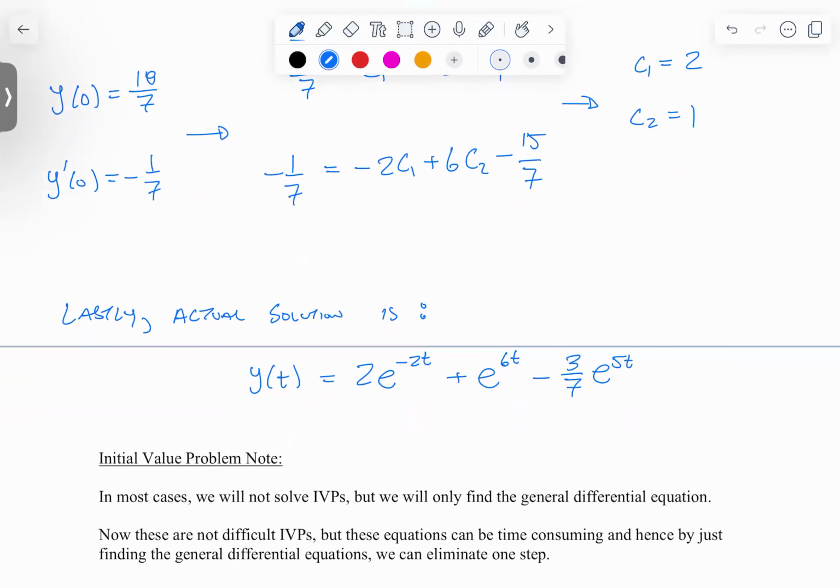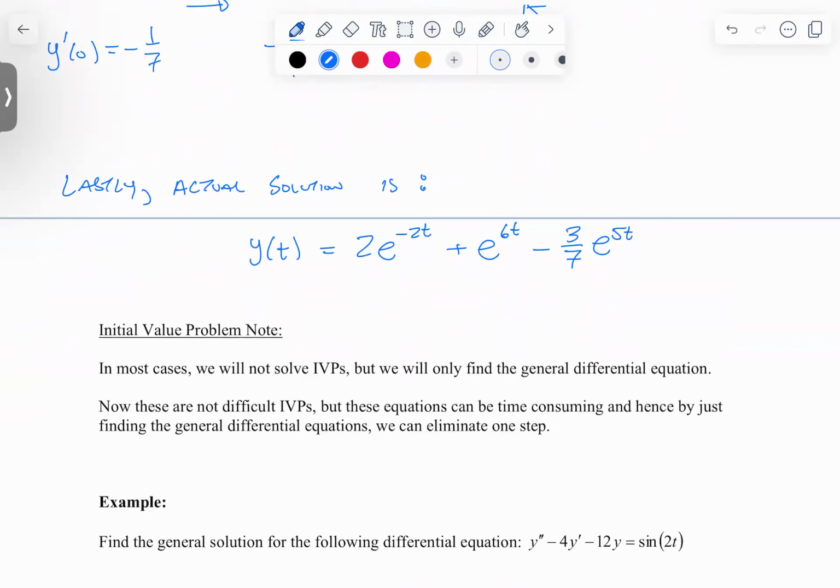Which gives us our final solution, the actual solution, with our constants.